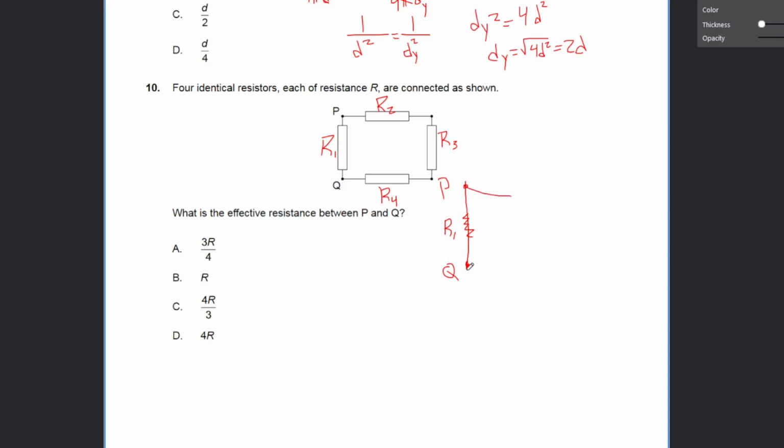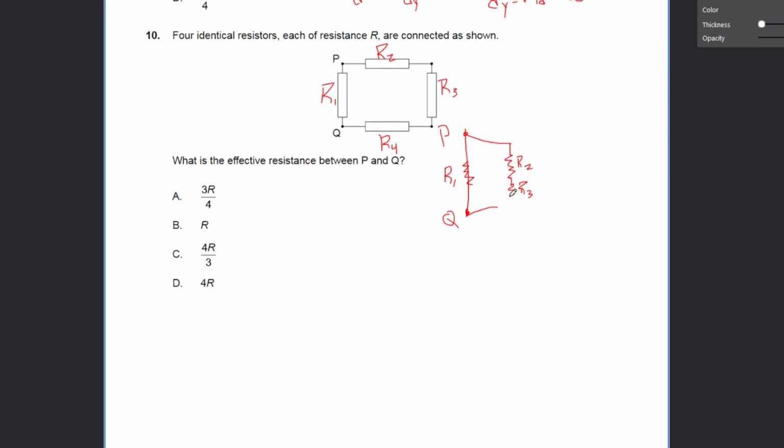And then this is in series with R2, R3, and R4. I'm not the best artist, but those are connected.